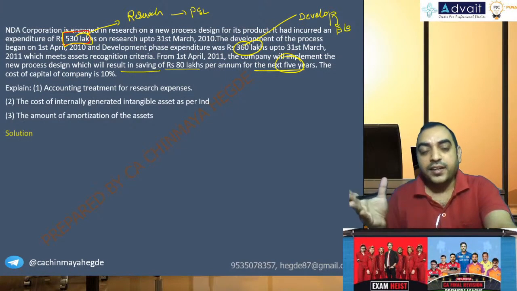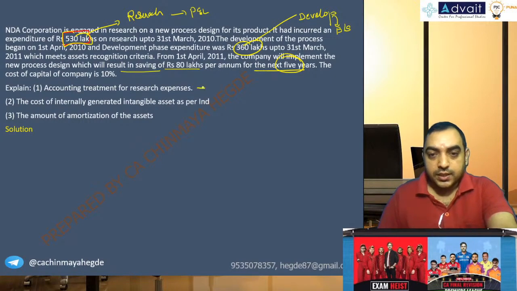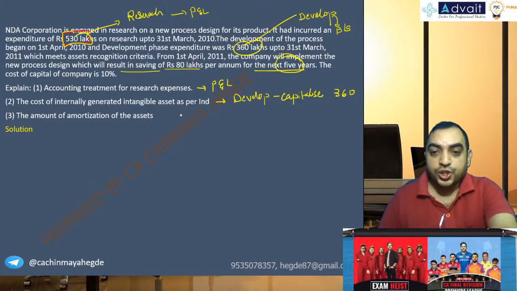But anyway, Ind AS doesn't have any such assumption. Now, research expenses are transferred to the P&L account. The cost of the internally generated intangible asset, the development expenditure, is capitalized, which is 360 lakhs. And this should always be tested for impairment.